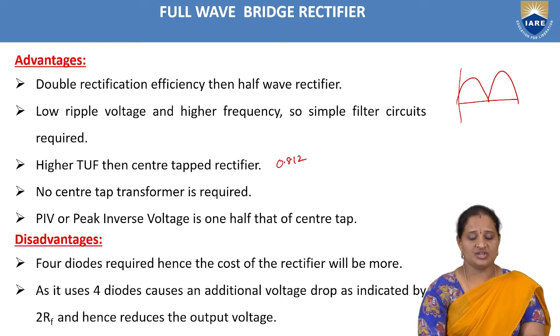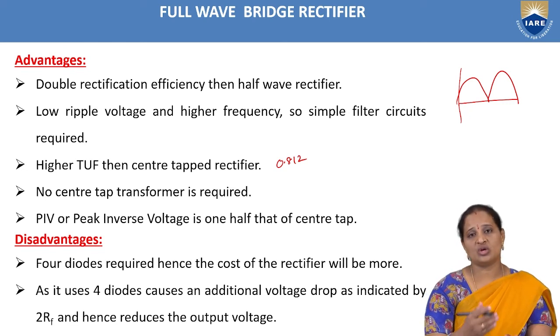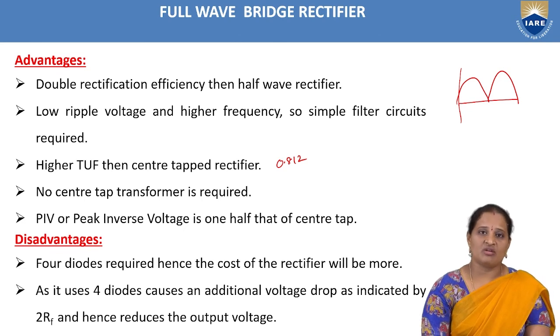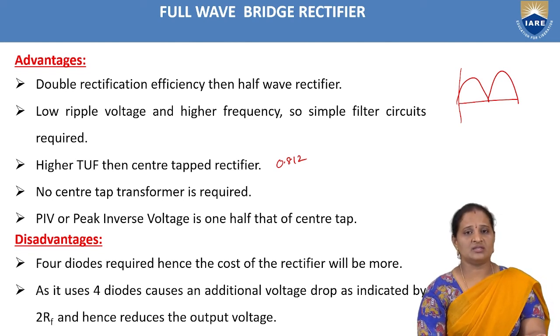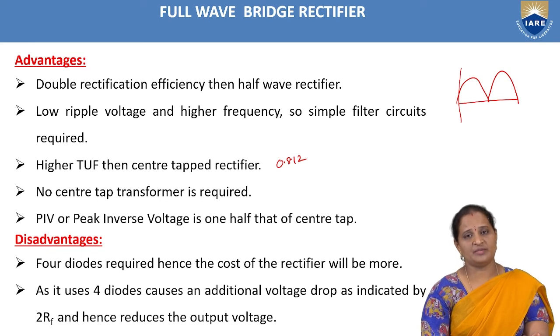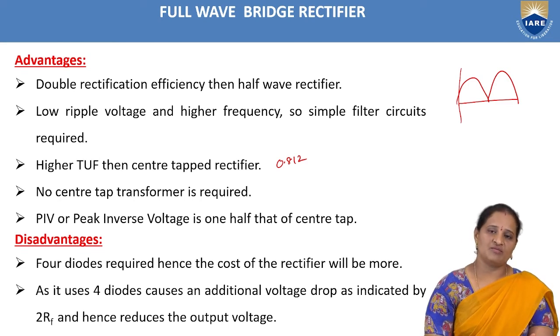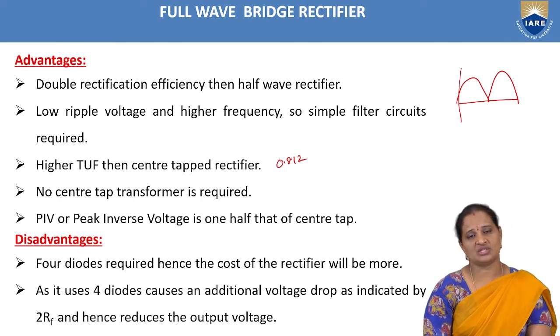Coming to the disadvantages here, it uses 4 diodes, and those are connected in bridge configuration. So the circuit is a little complex and even costlier. This is a major drawback that we can observe in the bridge rectifier. As we are using 4 diodes connected in bridge configuration, the circuit is somewhat complex and also costlier.